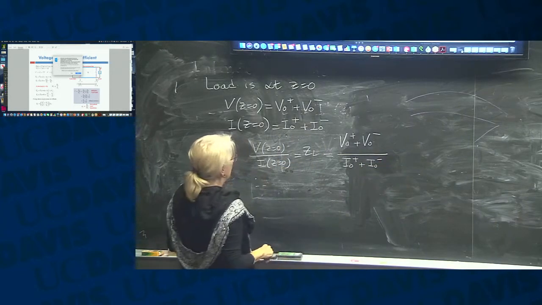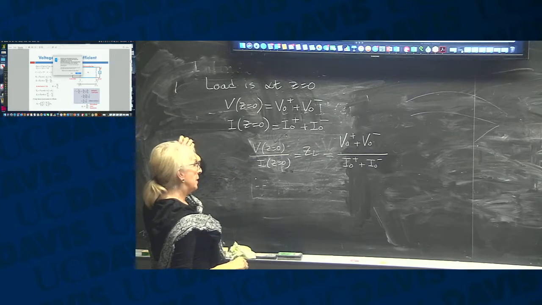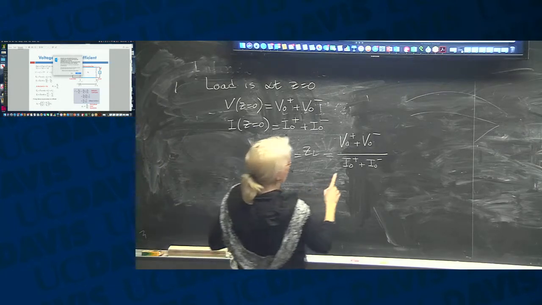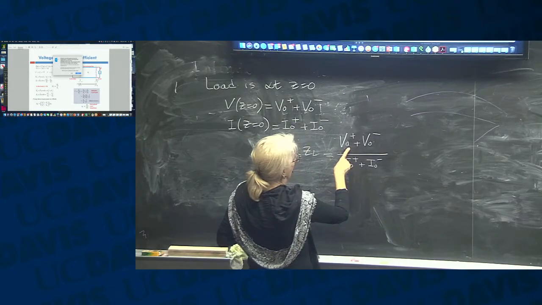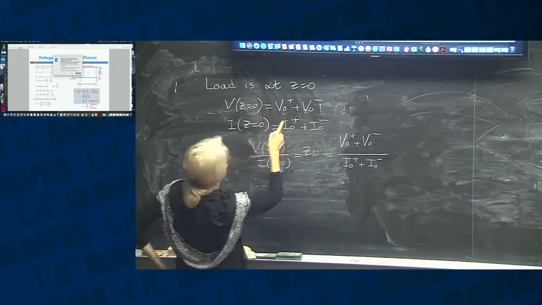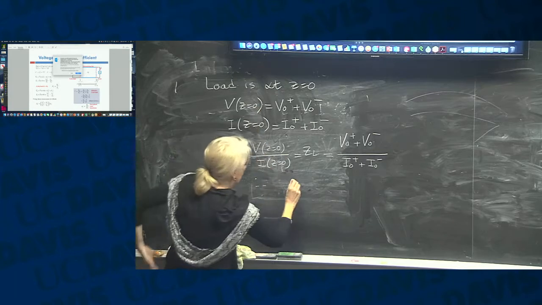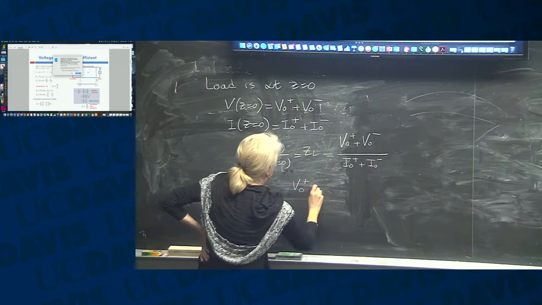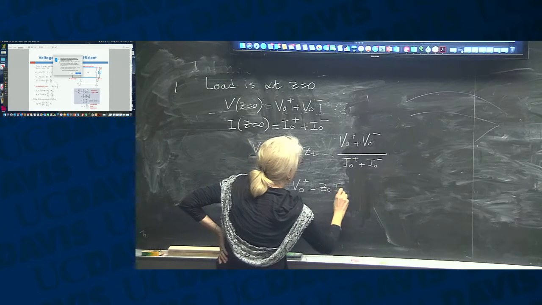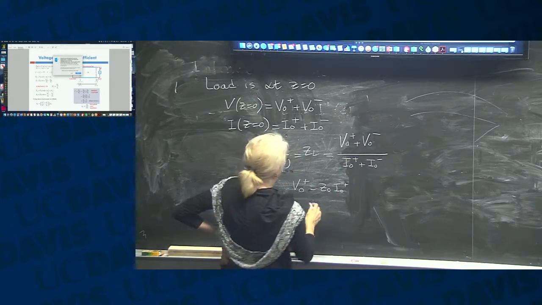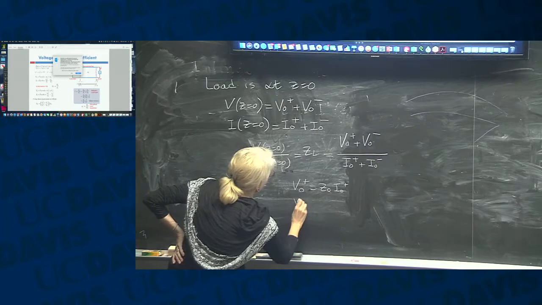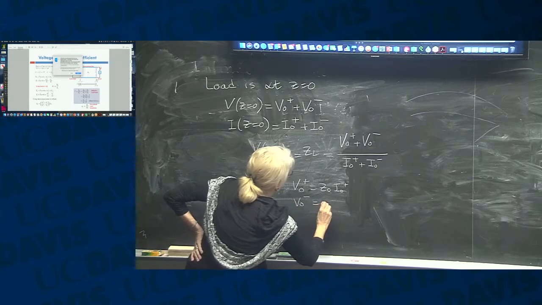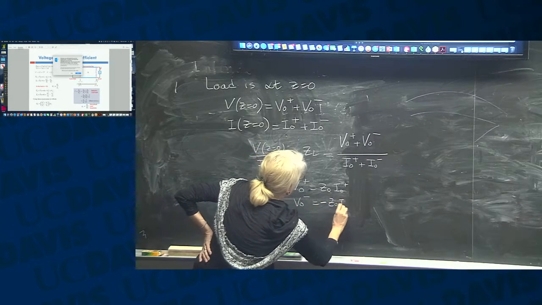Is this a bell? What else do we have here? We know that V naught plus equals Z naught I naught plus. And we know that V naught minus equals minus Z naught I naught minus.